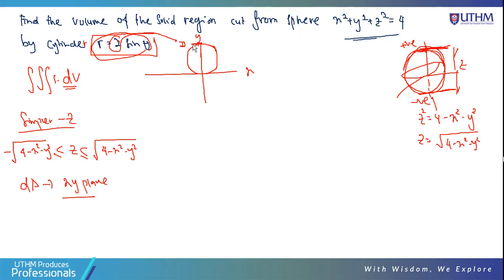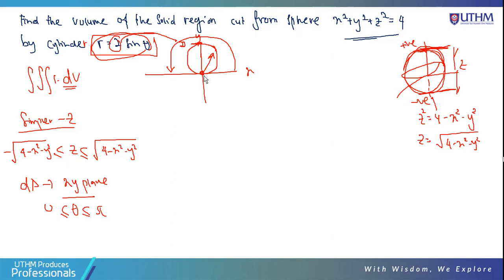So circle dia kat sini. Okay, so xy plane, this one. So you can solve this one by using cylindrical coordinate. So theta dia here. So theta dia start daripada 0 to sini berapa, 180 degree. So that equals pi. Okay, so radius here and up to here.